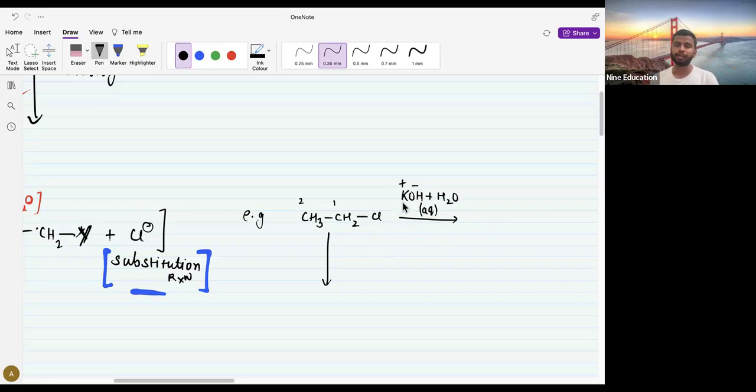K positive and O minus will come, and O minus will attack the carbon and remove the chlorine from it.